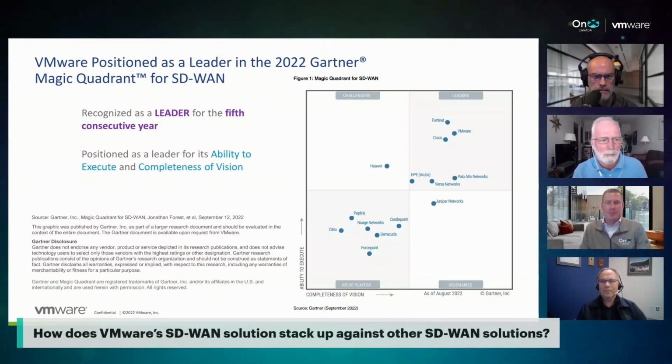Yeah, sure. This is something, of course, that we're proud of at VMware. Gartner talks to a lot of customers and gets their feedback, and they talk to customers for all the different vendors out there. And so, 5 years in a row, we've been right up in the leaders quadrant. What Gartner called out is that we have a solid product. We score very high as far as having features, having deployments, having scalability, and the kind of capabilities that you need.